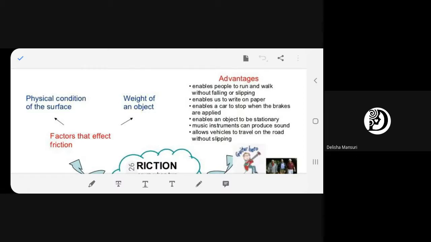The musical instruments which produce varieties of sounds work on friction. Vehicles can travel on the road without getting into any accident, without slipping. If a vehicle slips, it will get into an accident. So it allows the vehicle to travel on the road safely.